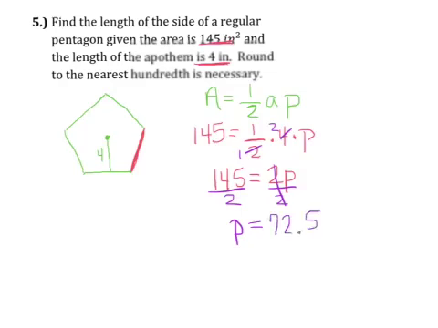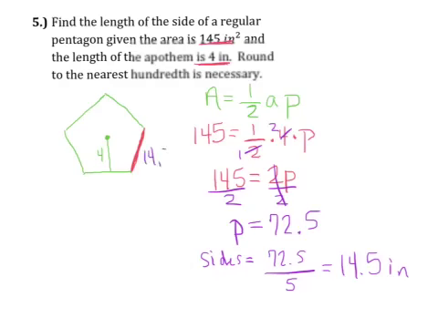Now remember, that's the perimeter, so we still need to divide that by 5 to get the length of one of the sides. So one of the sides would be 72.5 divided by the number of sides, which is 5. That equals 14.5 inches. So each side is 14.5 inches.